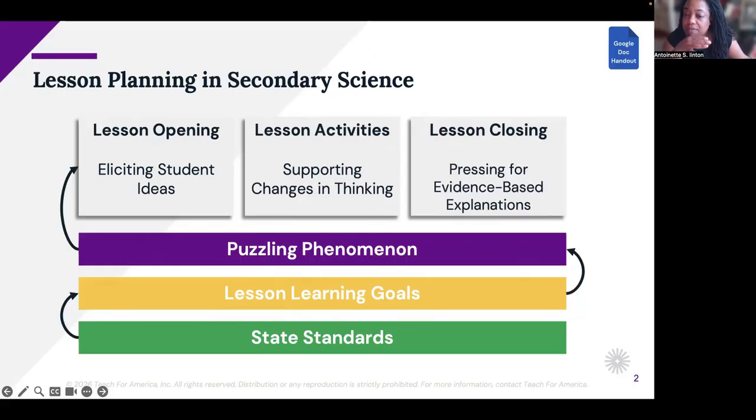So once we have those conversations, I want to tell the teachers that this kind of information gathering is going to help us allow students to get comfortable describing phenomena. And that's a major part of ambitious science teaching. That's a major part of developing the habits of mind of a science literate person. Not necessarily a scientist, but a science literate person, right? And then students can move into lesson activities.